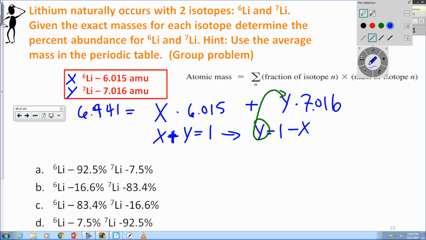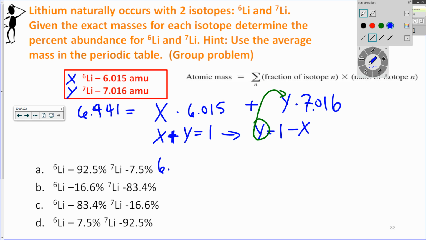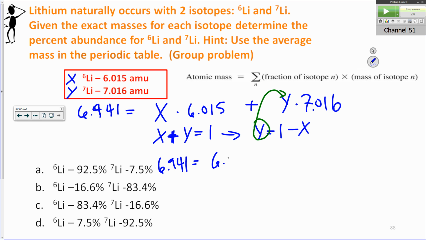Okay, so 6.941 equals, and I'm going to multiply these two together. I've got 6.015 times X plus, for Y, 1 minus X times 7.016.